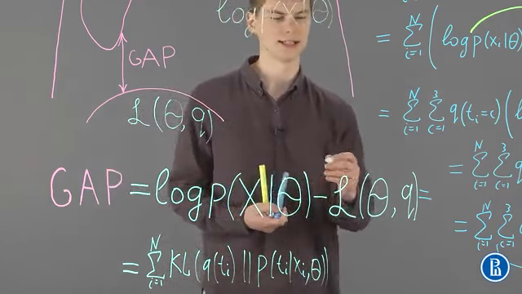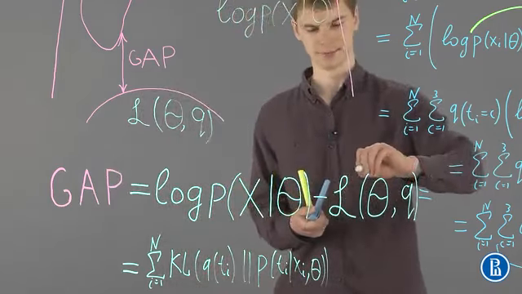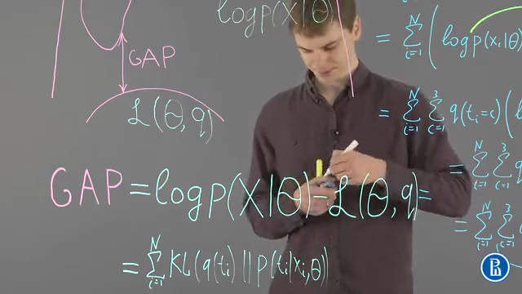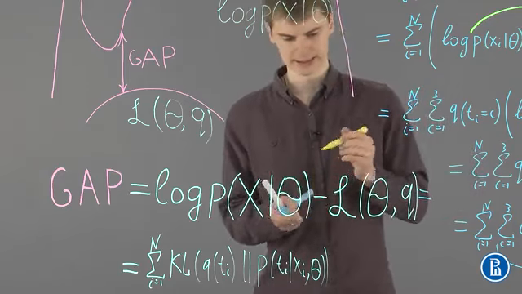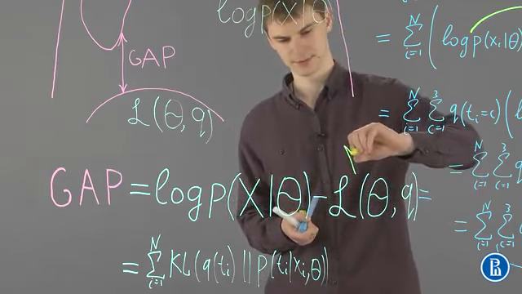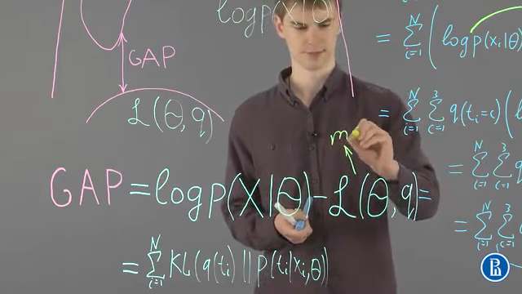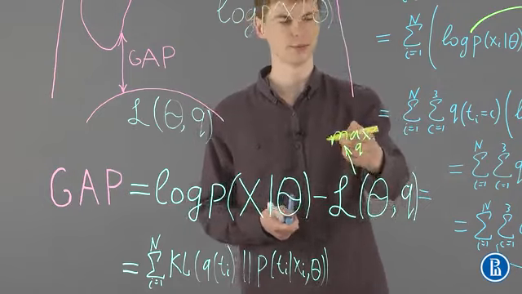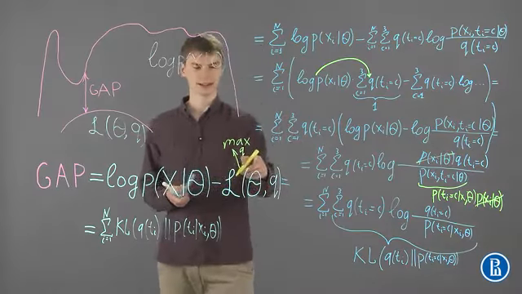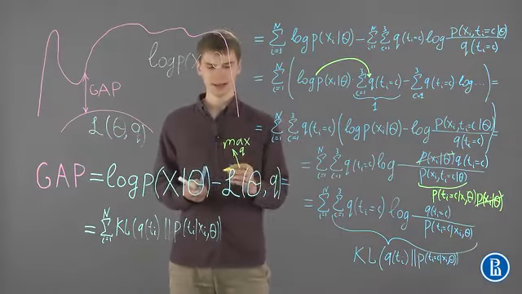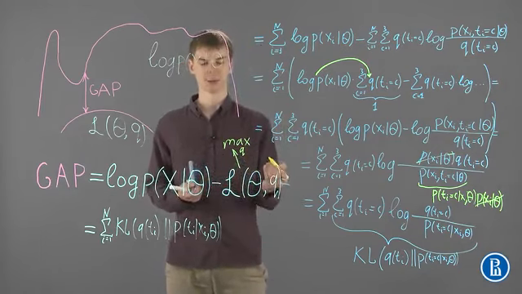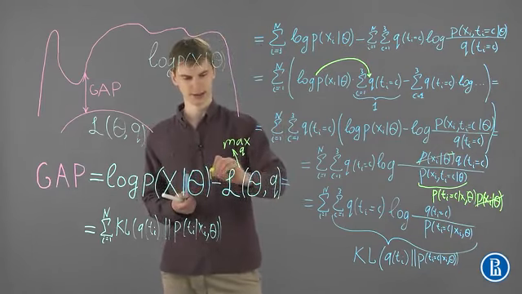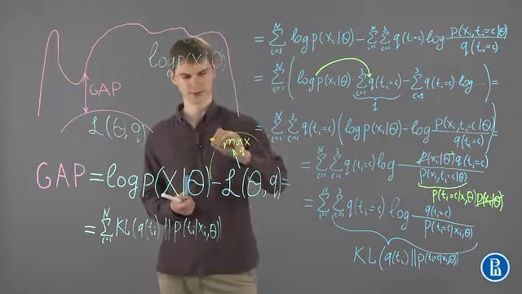And we want to maximize this lower bound, to push it as high as possible, with respect to, not theta, but Q. And maximizing this expression with respect to Q is the same as minimizing minus this expression, right? So it's the same as minimizing this thing.